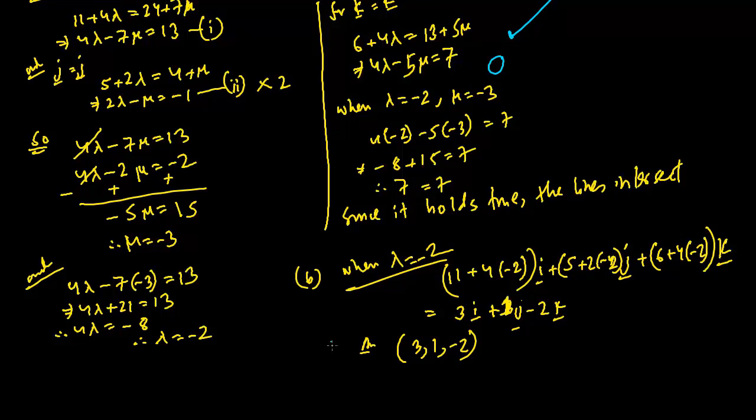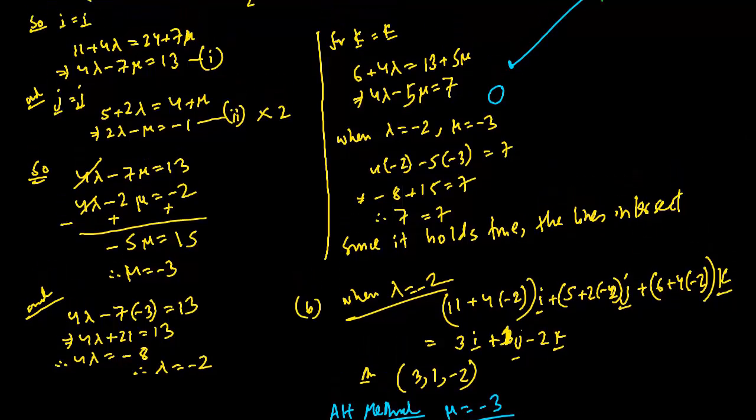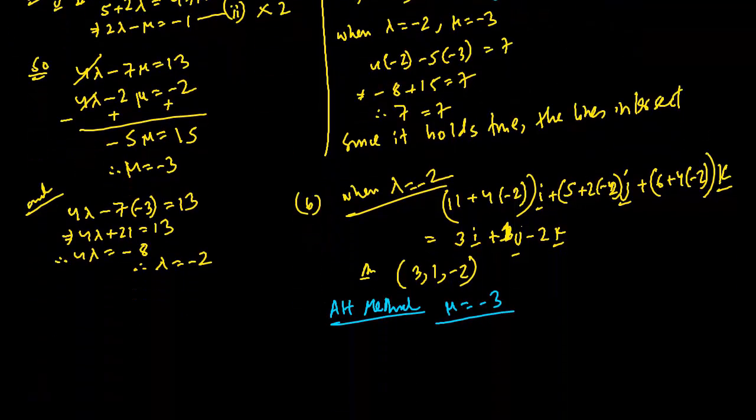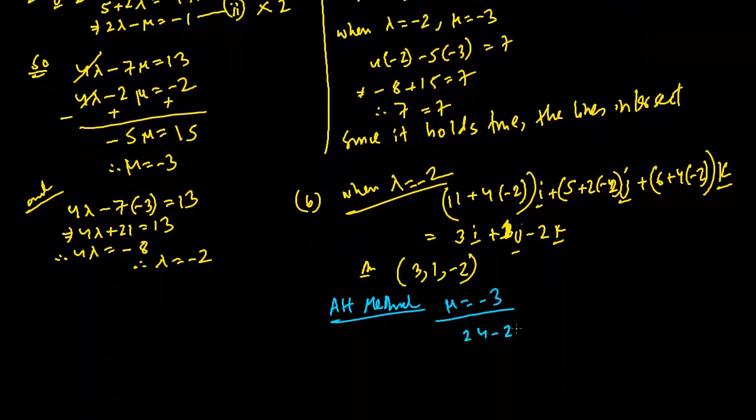Now let's check with the alternate method. The alternate method would be putting mu equals minus 3. Let's check whether it works or not. If we put mu equals minus 3, it would be 24 minus 7 into minus 3 is 21. So 24 minus 21i plus.